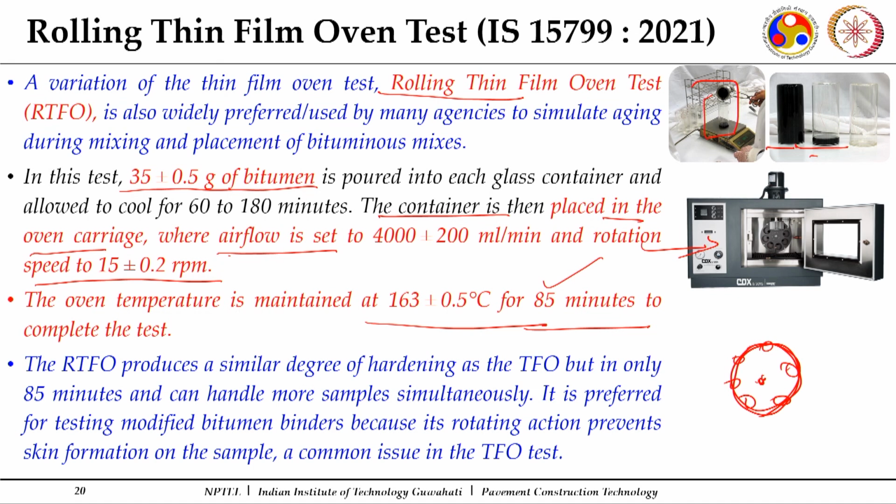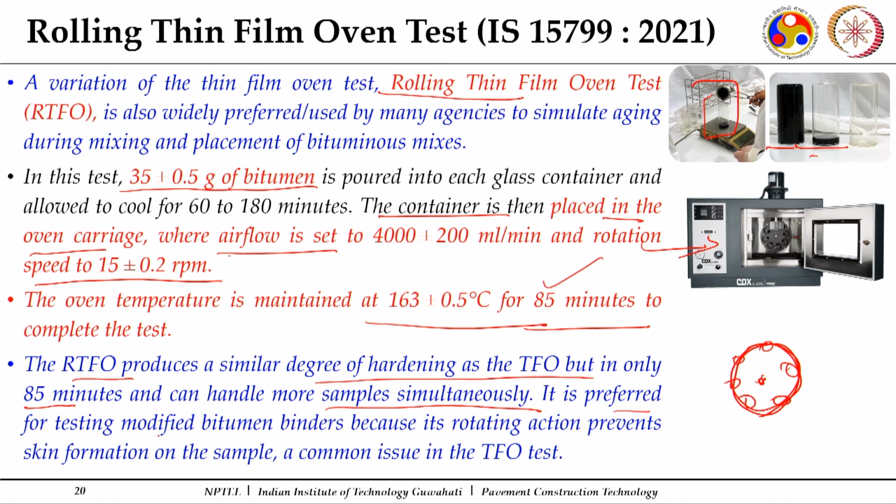So, we are able to produce more short term aged binders in a smaller duration of time, and there are reduced chances of any skin formation. The RTFO produces a similar degree of hardening as the thin film oven, but in a shorter period of 85 minutes, and can handle more samples simultaneously, because you can insert around 8 bottles in one go compared to the 3 pans usually used in the thin film oven.